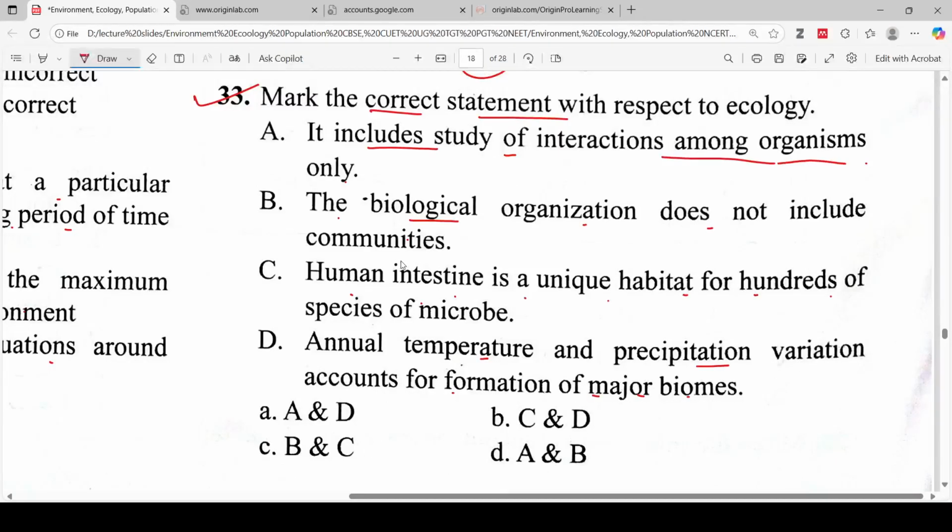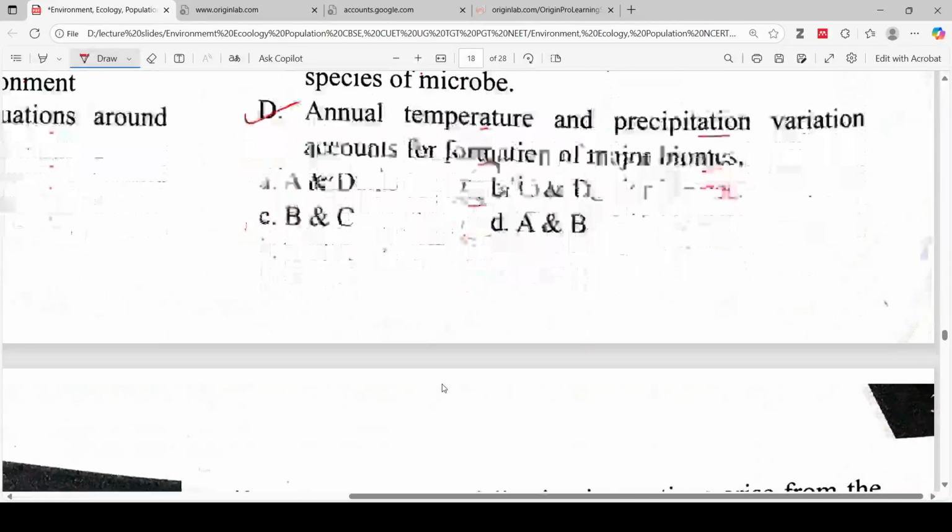So you have to choose the correct statement. The correct statement is C and D. So the correct answer will be B.